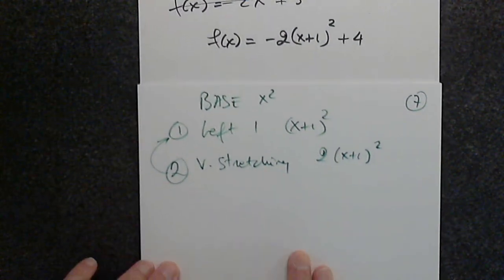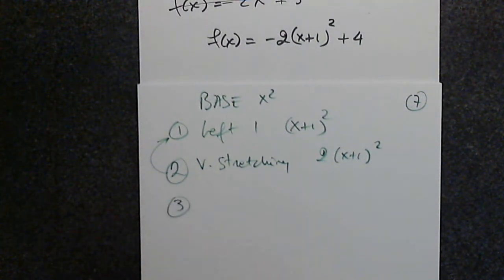Excellent. Can you explain why? Because this is x squared, and this is 2x squared. Because all heights get multiplied by 2. So here all heights are multiplied by 1, but here all heights are multiplied by 2. If it's a positive 2, would it shrink or expand?